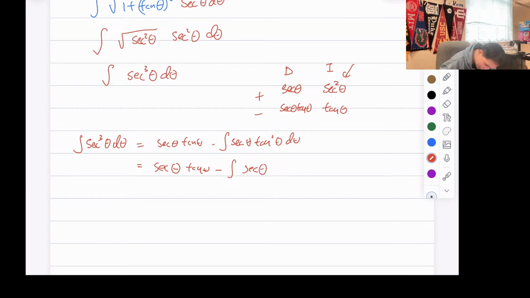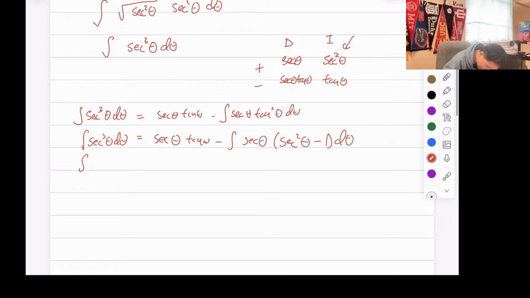Secant squared theta minus 1, right? We did this before. This is not the first time we're doing this. Secant theta tan theta minus secant to the third theta d theta and plus integration of secant of theta d theta.